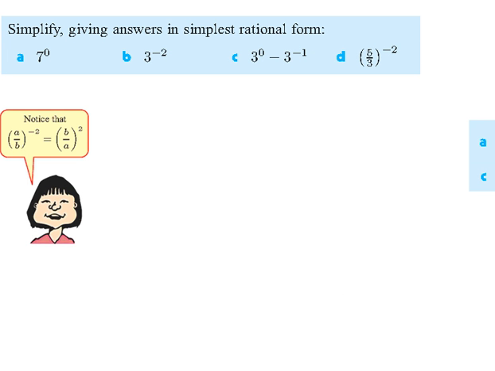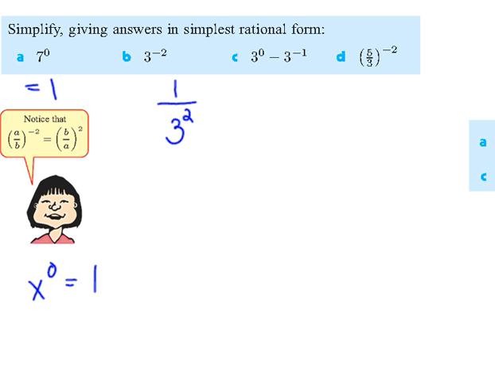Okay, remember anything to the power of 0 is always 1, no matter if it's a number or a variable. For example, if you have x to the power of 0, that's going to be 1. It doesn't matter what it is as long as it's not 0. We have 3 to the negative 2 here. That's going to reciprocate 3, and it'll be 1 over 3 squared.